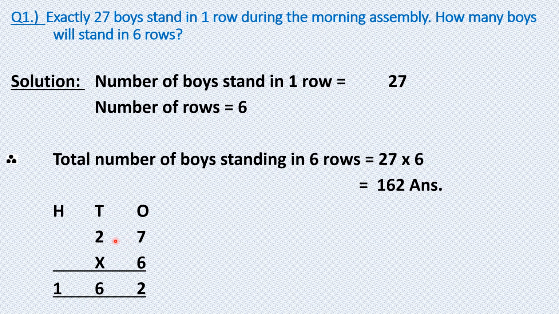Let's see, I am doing here 27 multiplied by 6. 6 7s are 42, 2 carry 4. 6 2s are 12 plus 4, 16. So 162 boys are standing in 6 rows. Clear? We will do solution in this way only.